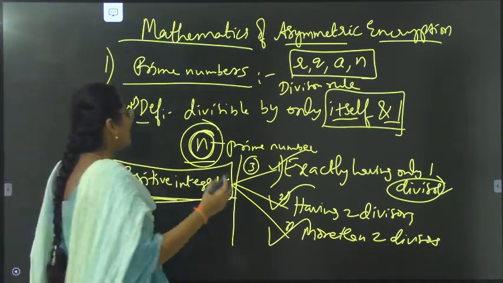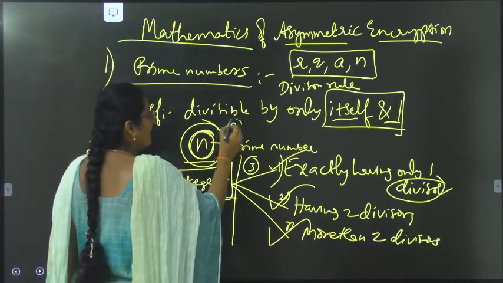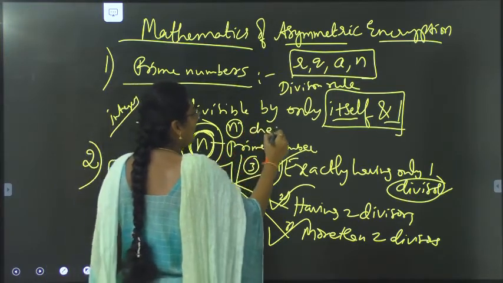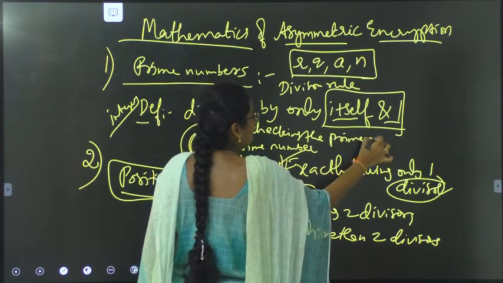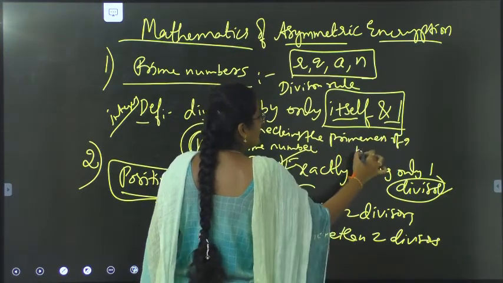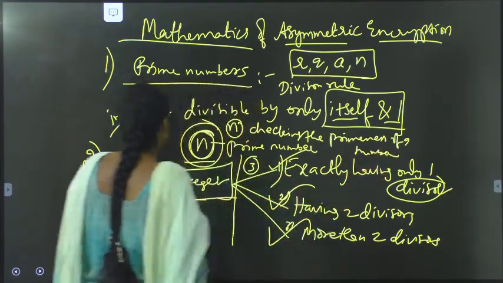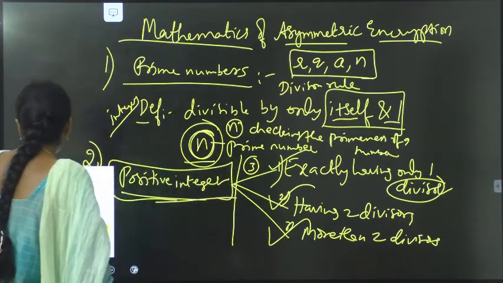Now if we want to check whether n is a prime number or not, that is checking the primeness of a number. This is the third point.